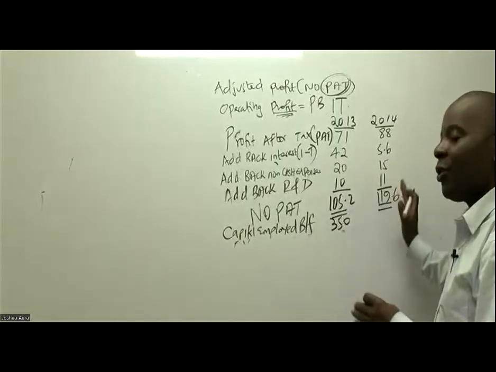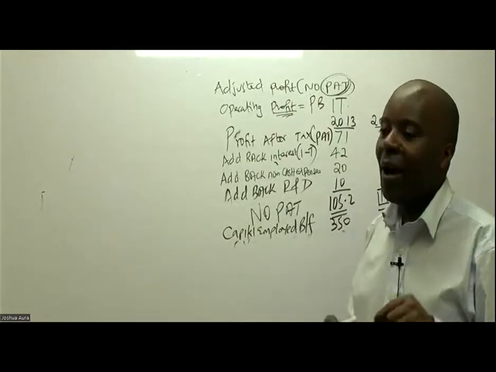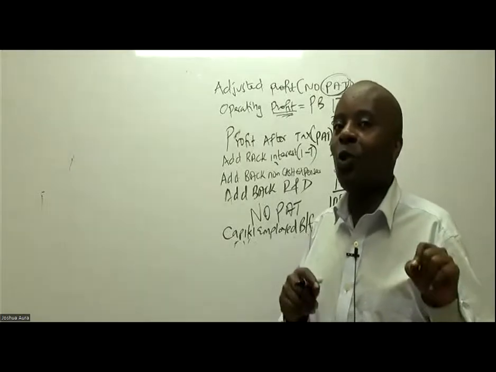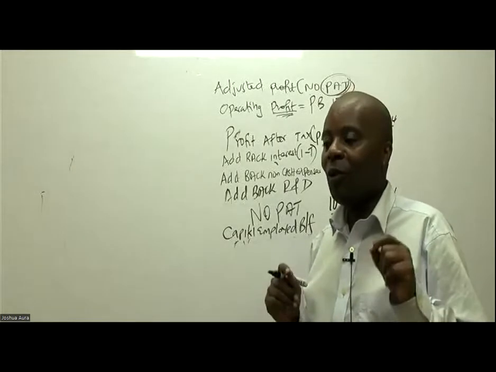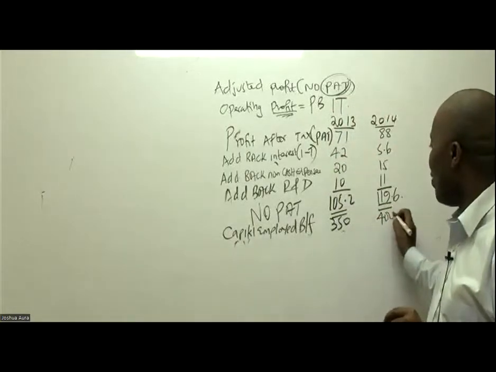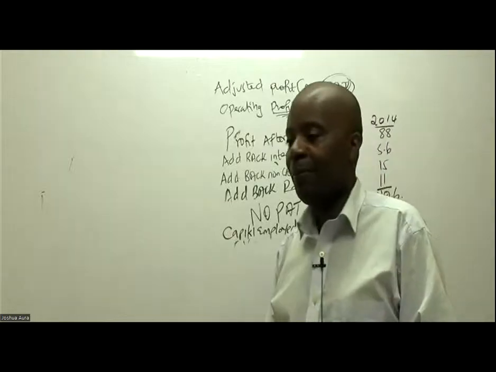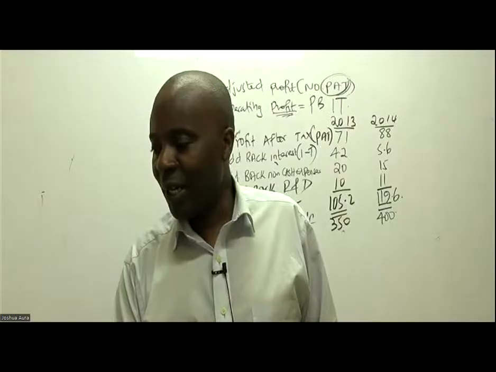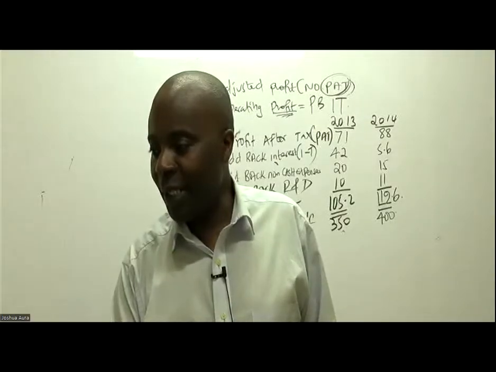Yes. So 2014 capital employed at the beginning must have been the capital employed at the end of 2013, which in this case, you guys are right, is 400. Great. Let me repeat this figure.